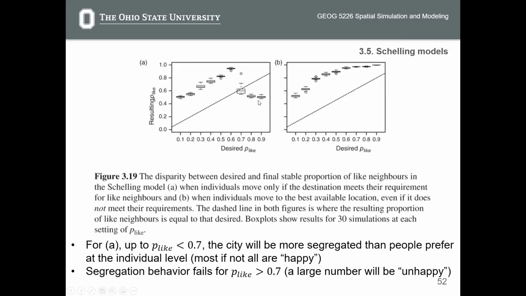Because they only want to move when the destination has a P-like equal to or larger than the desired P-like. So if you're using this strict rule to move, and also the desired P-like is too high, then the segregation fails. Because according to the concept of this model, each individual wants segregation, wants to live with its own people. Okay, so this is a scaling model.